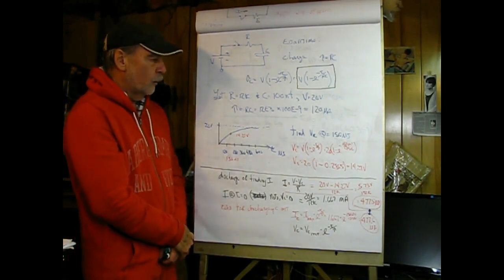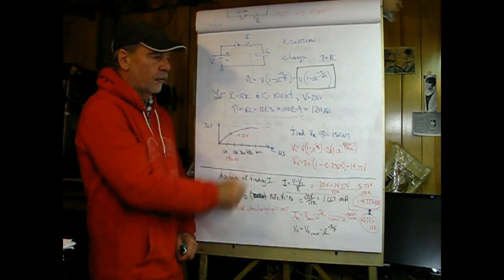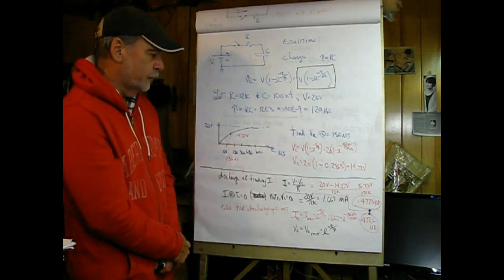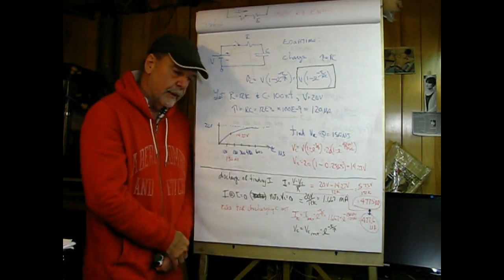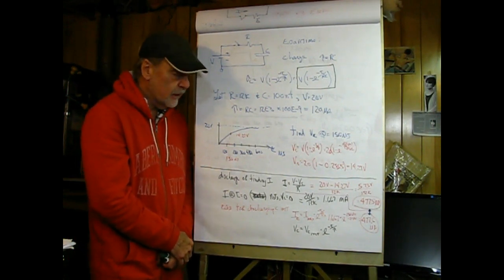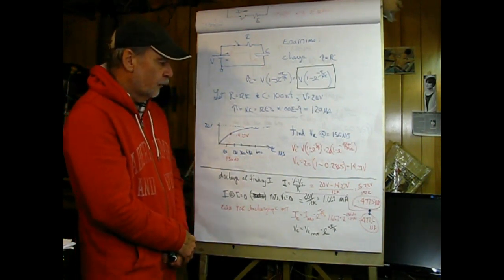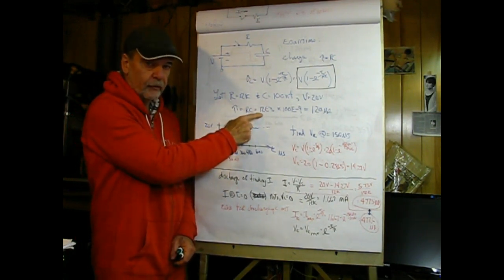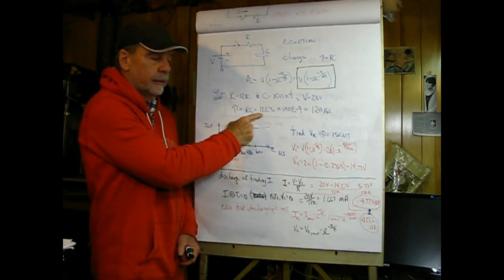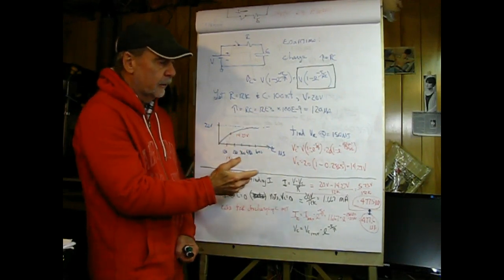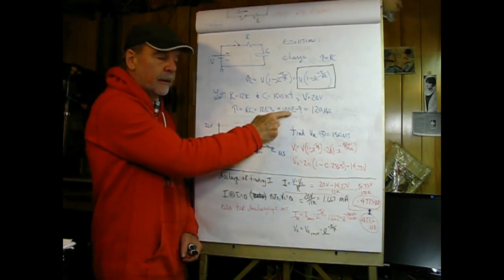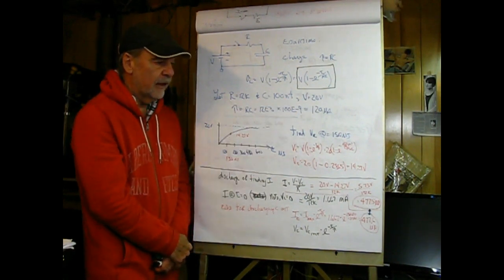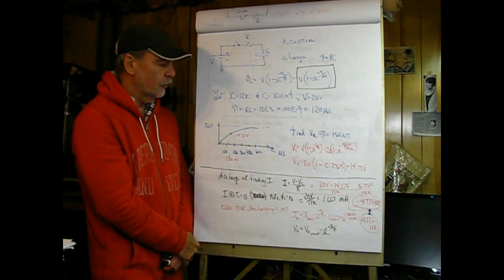So if we let R equal 12K and C equal 100 nanofarads and V equals 20 volts, let's find out what, say, the capacitor voltage would be at some given point in time. So first we have to find the time constant, R times C. 12K would be 12e to the third, or EE to the third, depending upon your calculator, times 100e to the negative ninth, because this is nanofarad, and the time constant of that would be 120 microseconds.